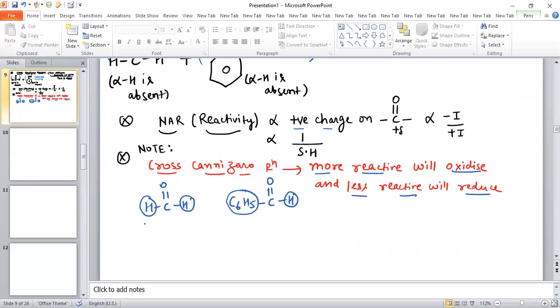So there is less steric hindrance here and more steric hindrance there. So formaldehyde is more reactive, and we know the more reactive compound will be oxidized.